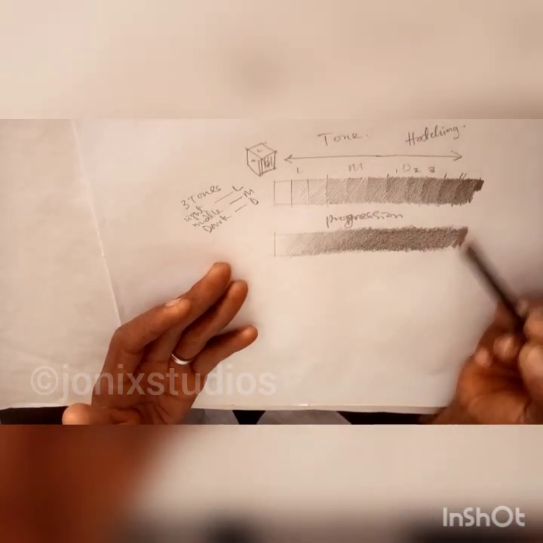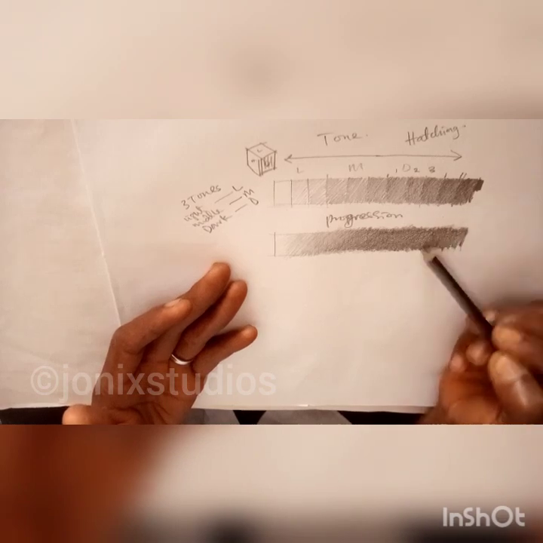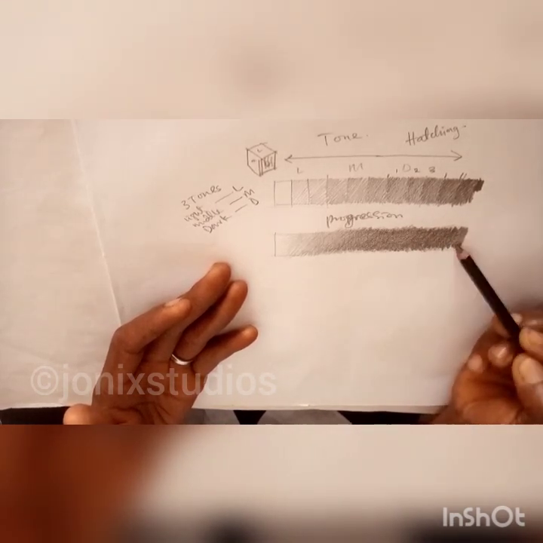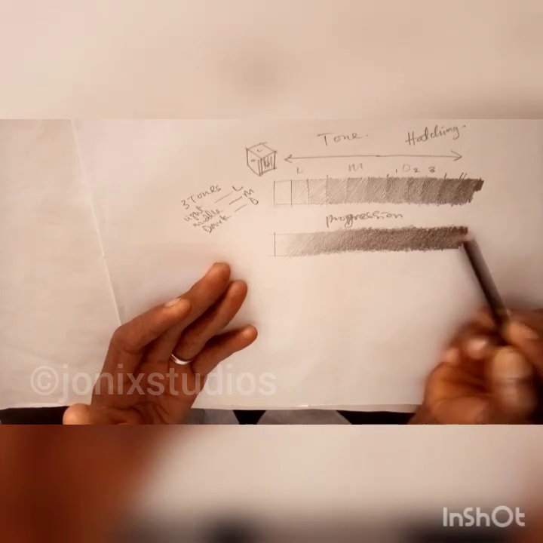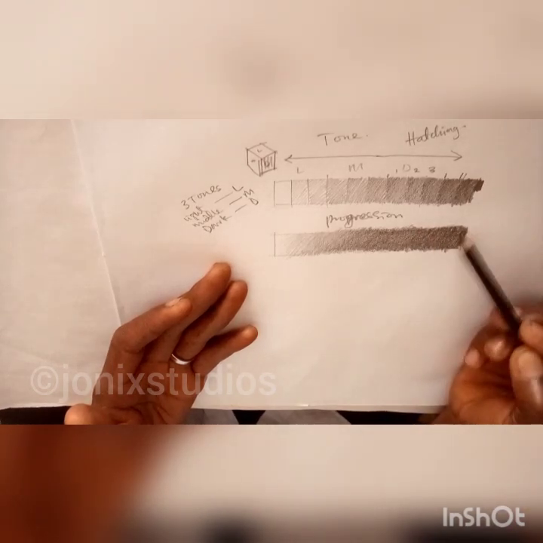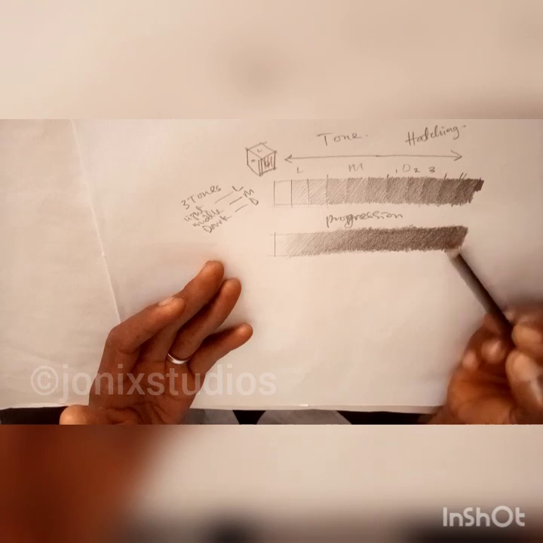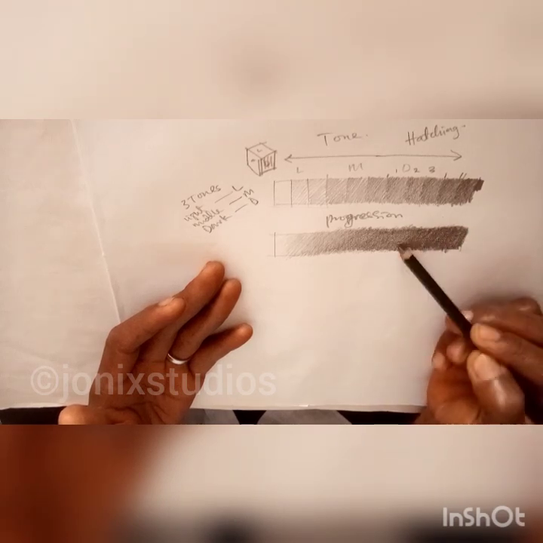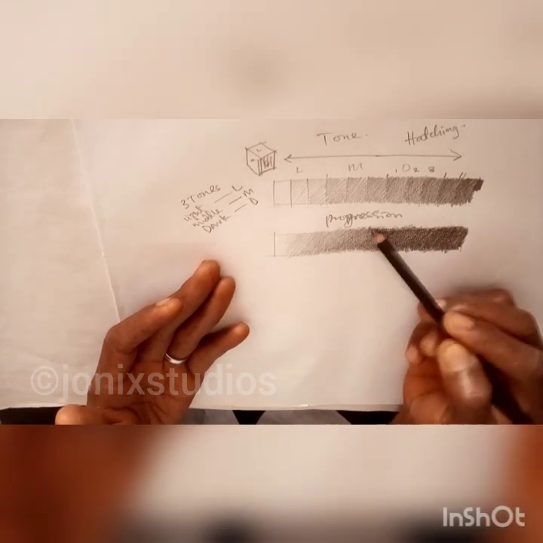Let me say this is where I want to stop my darkest tone now. I can stop it here and continue to increase the darkest and come back and blend in the lighter area until I have a smooth transition between the dark and the light.